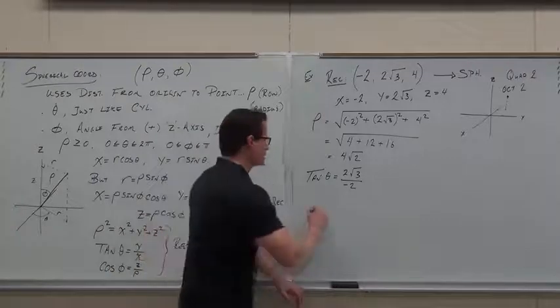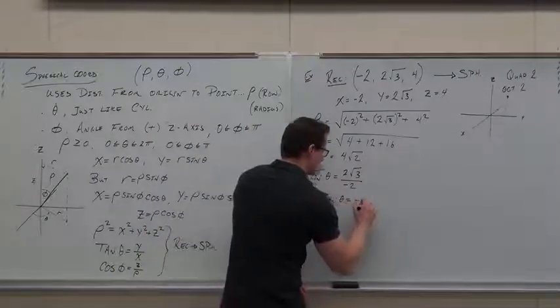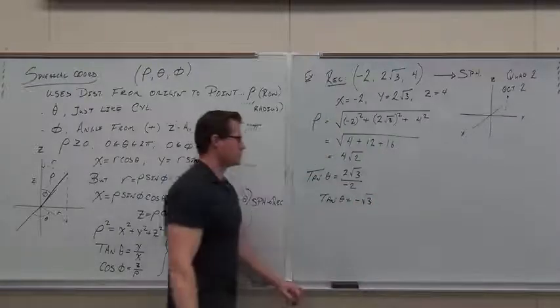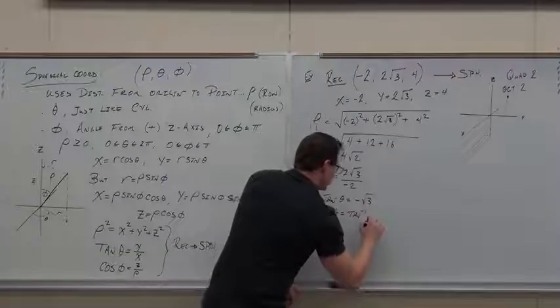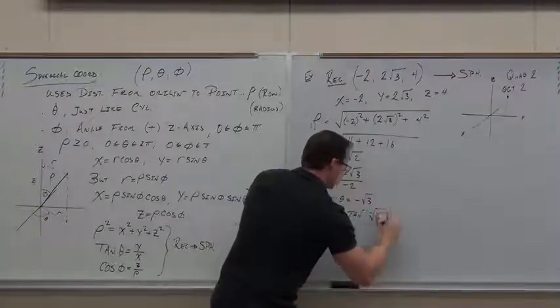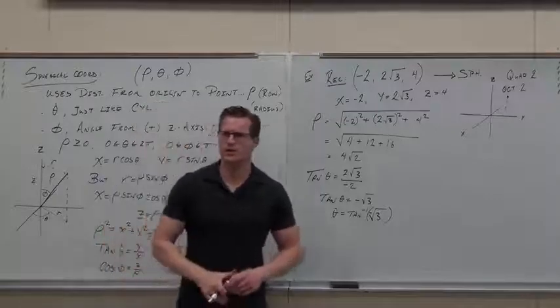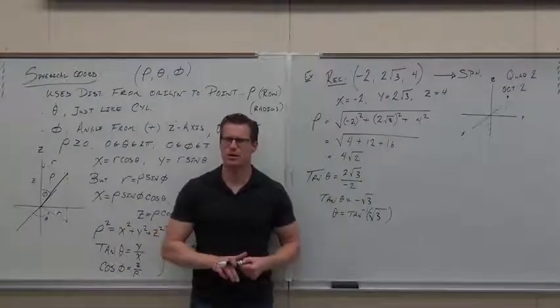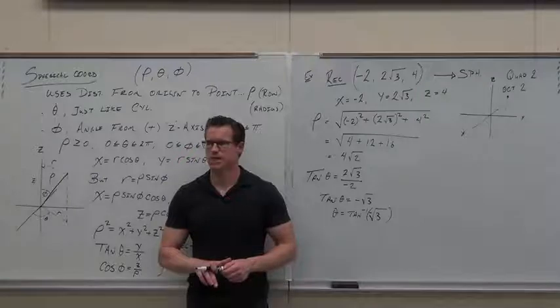So then tan theta equals negative square root of 3. Tan inverse of negative square root of 3, do you know that one? So 30? Give it to me in terms of pi.